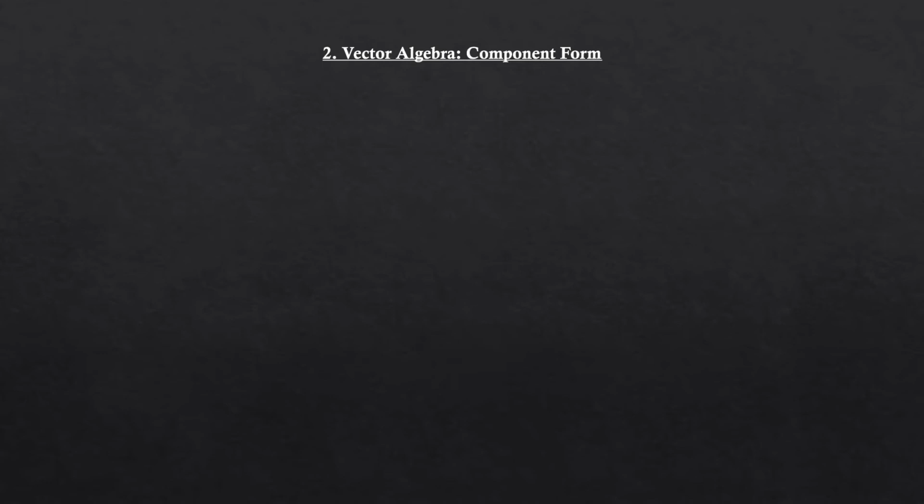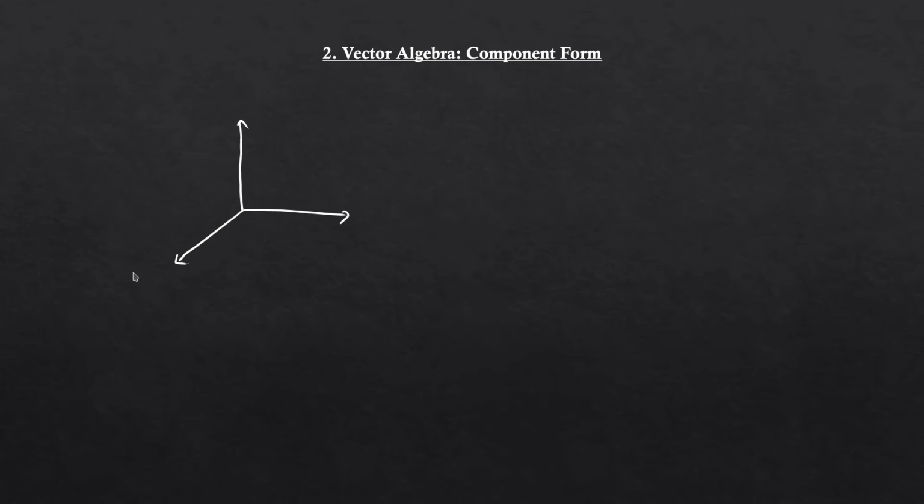So now the vector algebra in component form. In the earlier section we discussed that a vector has a direction and a magnitude. So we are going to break that into a more granular form. First let's see, we have a coordinate system.